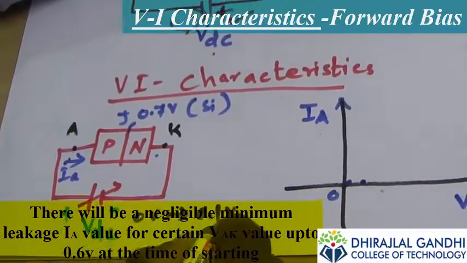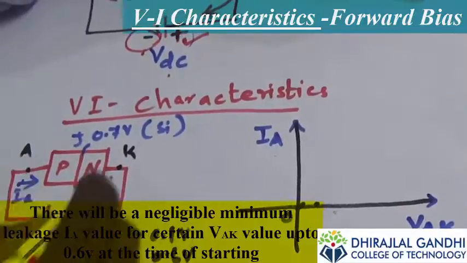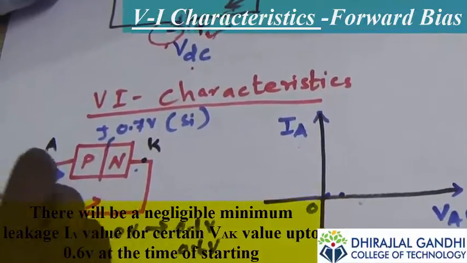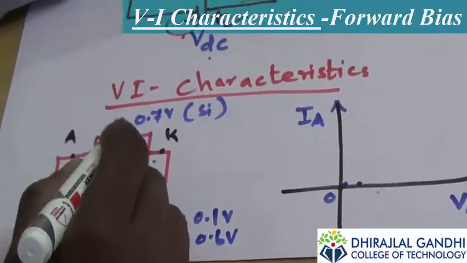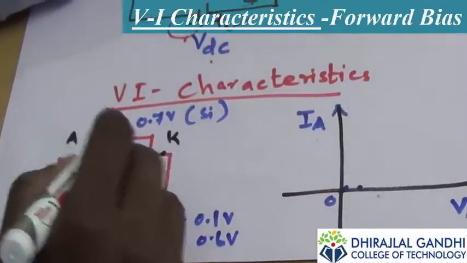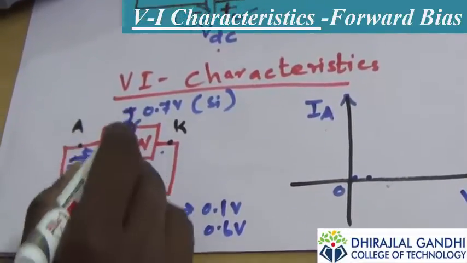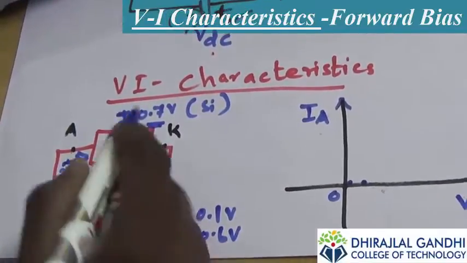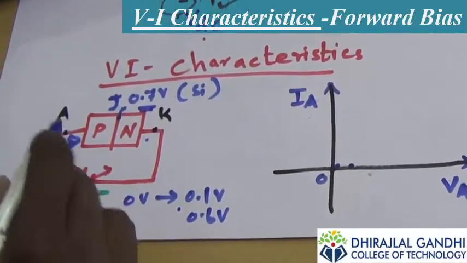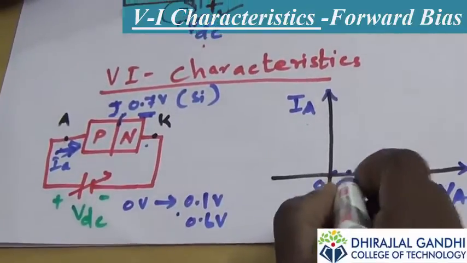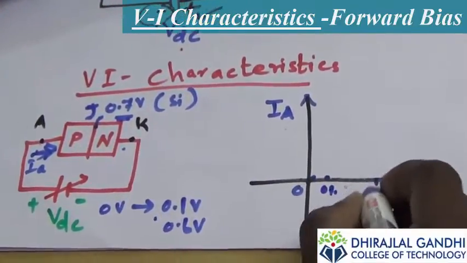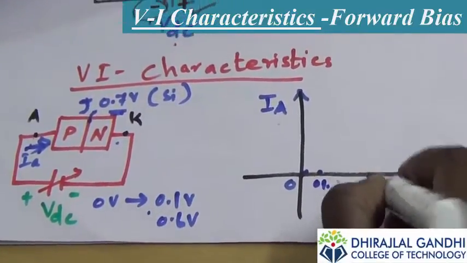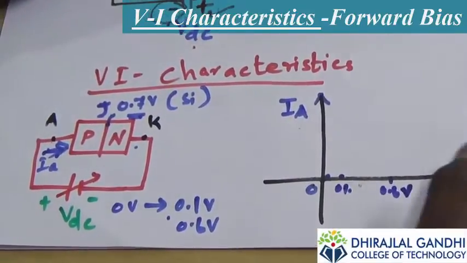Up to 0.6 volts, no current flows in the anode side, because the minimum voltage for breaking the junction is 0.7 volts. Up to 0.7 volts, the junction does not allow current from anode to cathode.